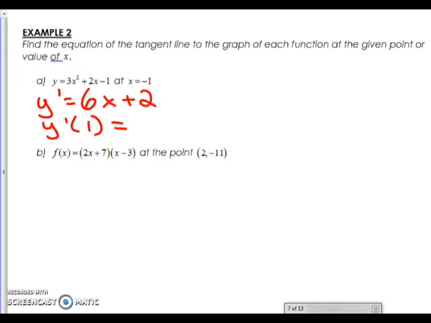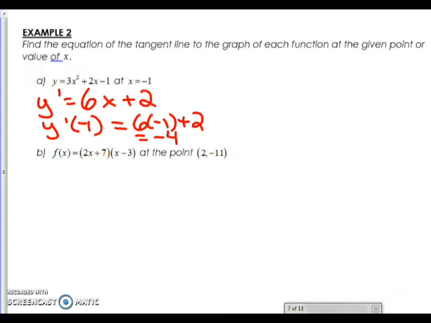So this is saying I'm plugging 1 into the derivative. Oh, I'm sorry, negative 1. Okay, so I'm plugging negative 1 into the derivative, and that leaves 6 times negative 1 plus 2, so negative 6 plus 2. I'm pretty sure that's a negative 4. Okay? Pretty sure? Pretty sure. Okay. So, what does that negative 4 represent? The slope. So that is your slope.